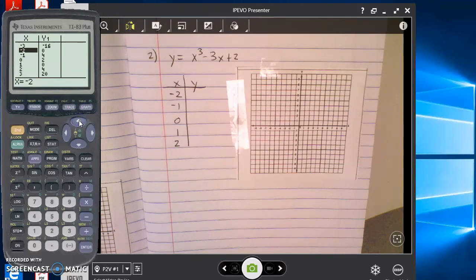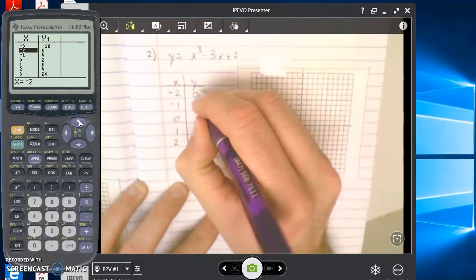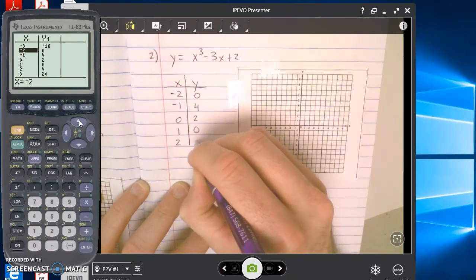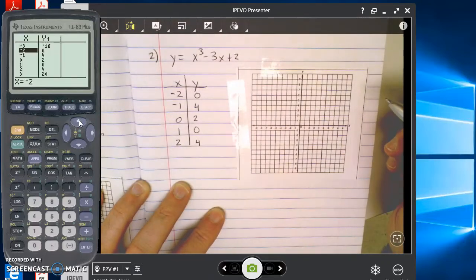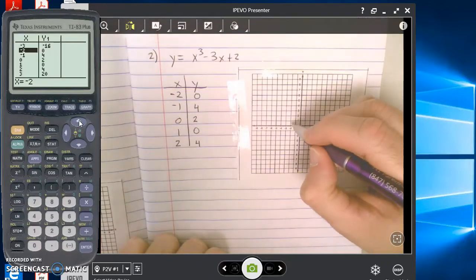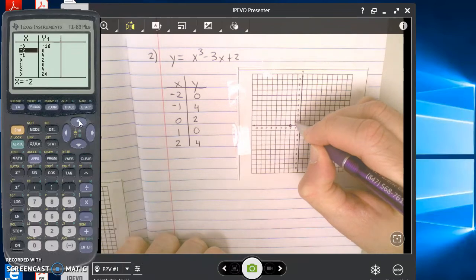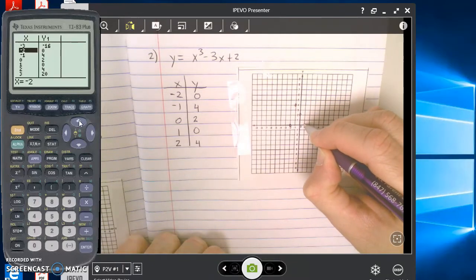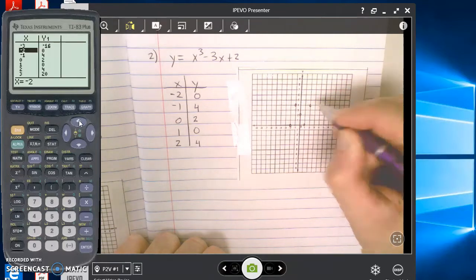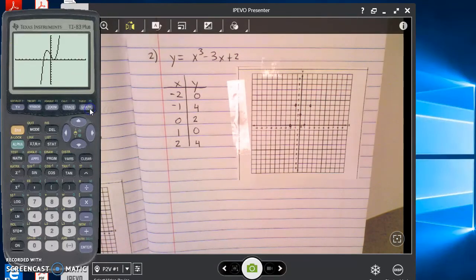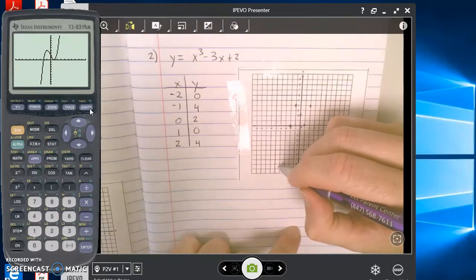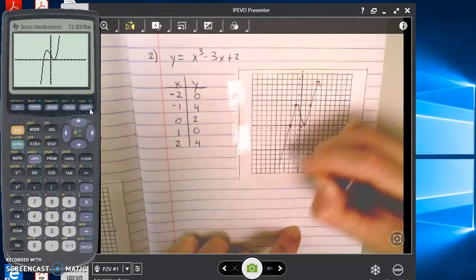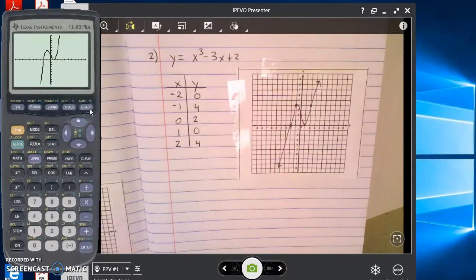So starting at negative 2, my output is 0, then 4, 2, 0, 4. So I can graph those points: negative 2, 0; negative 1, 4; 0, 2; 1, 0; 2, 4. And then clicking graph again, I can get a sense of what my graph looks like. So there's my polynomial.